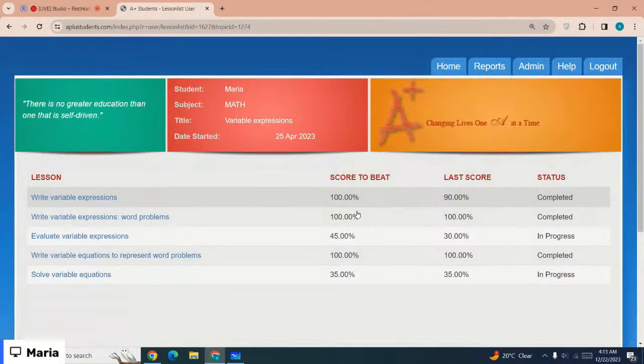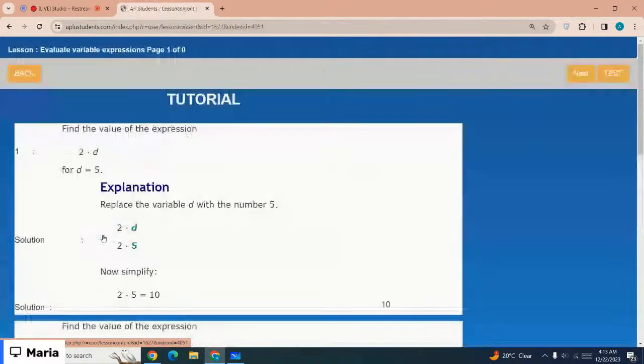Let's just see how we evaluate them. For the value of the expression 2 times D, find the value of the expression. The expression is 2 times D and you are given the value of the variable D, that is 5. That means you need to evaluate 2 times D for D equals 5.